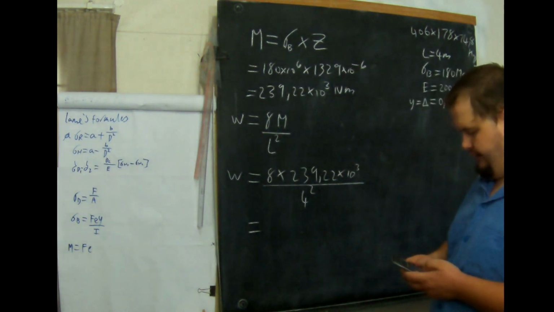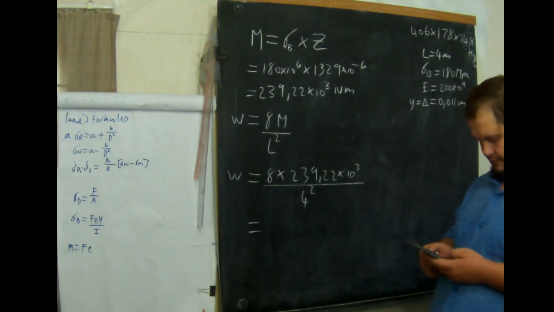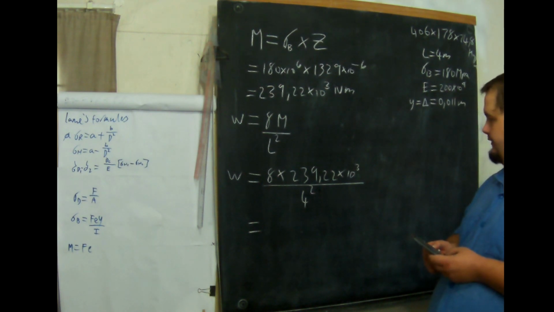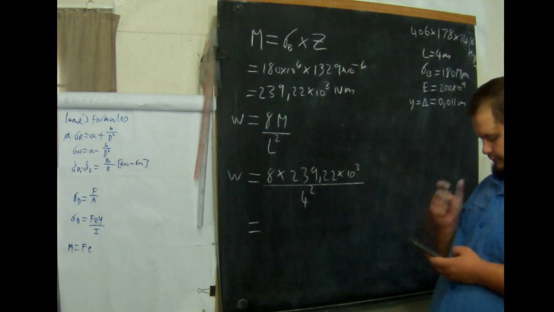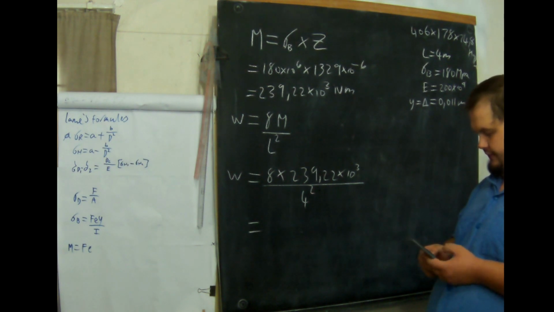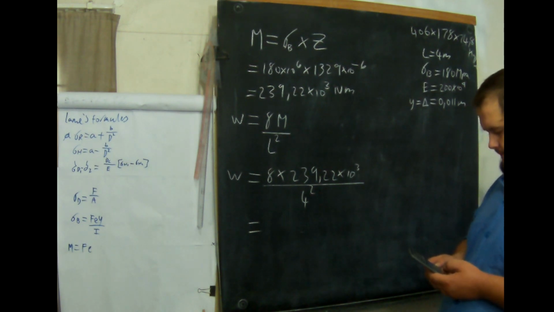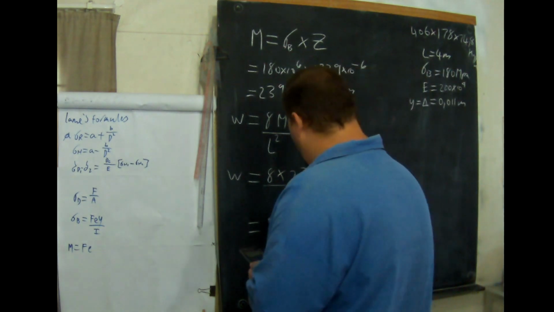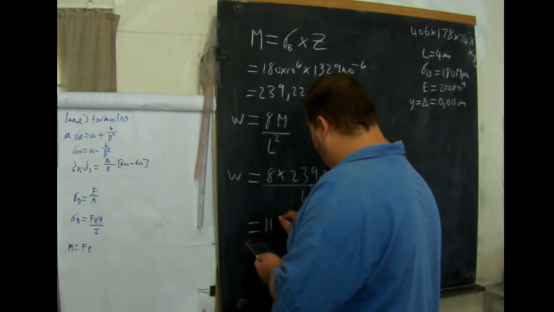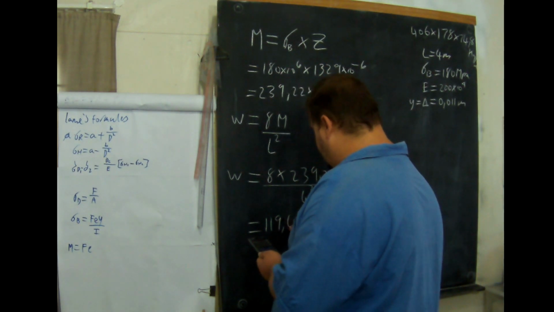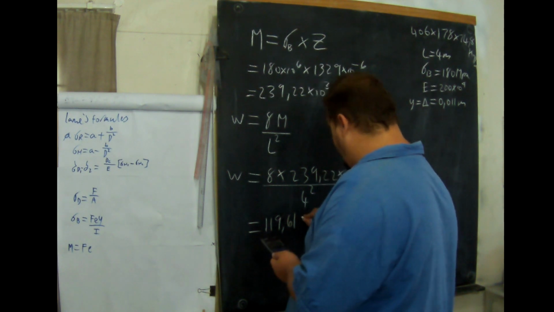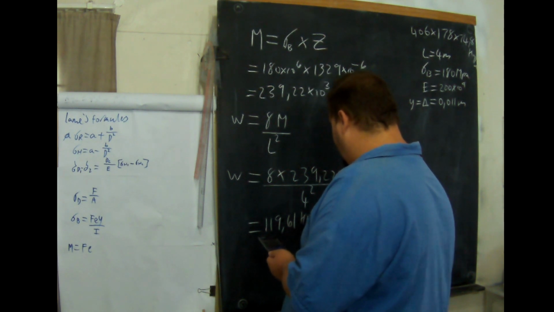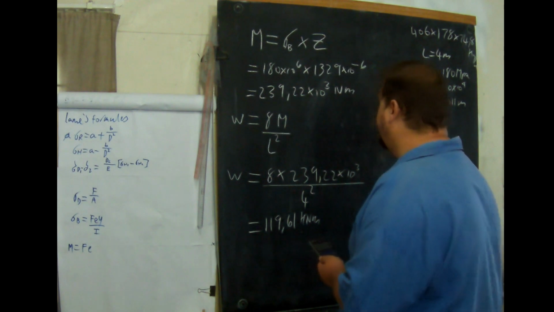Let's put that in our calculator. 8 times 239,22 times 10 to the 3 over 4 squared equals 119,61 kilonewton meters.